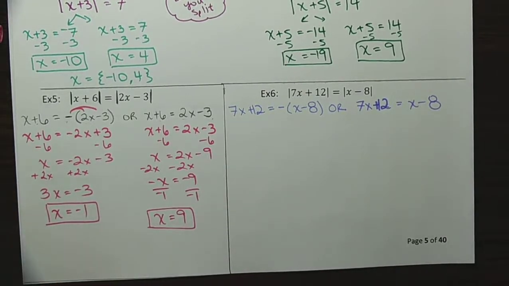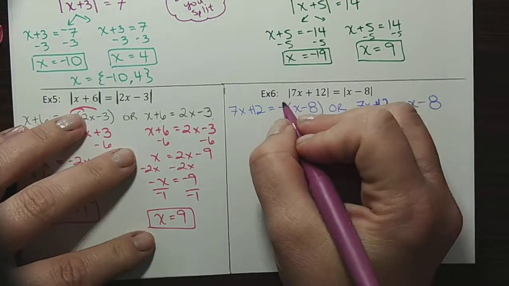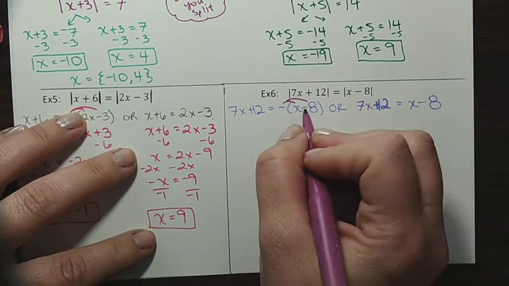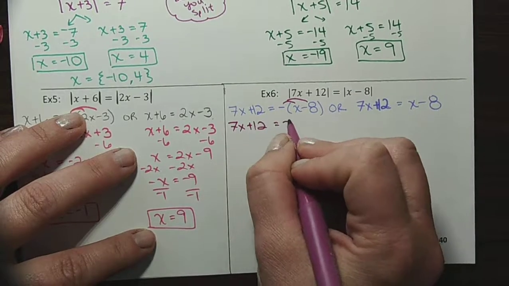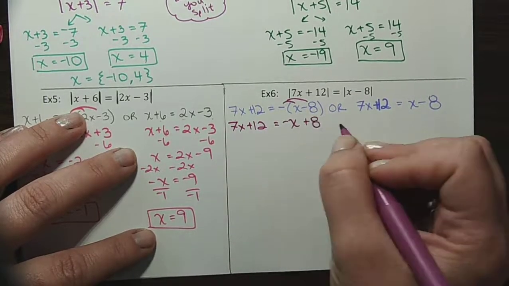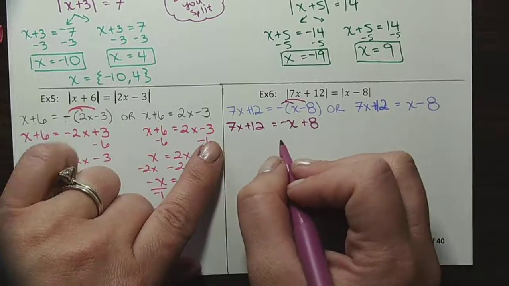And we'll solve for x. On the negative one, you'll have to distribute, so 7x plus 12 equals negative x plus 8. Keep going with this one.